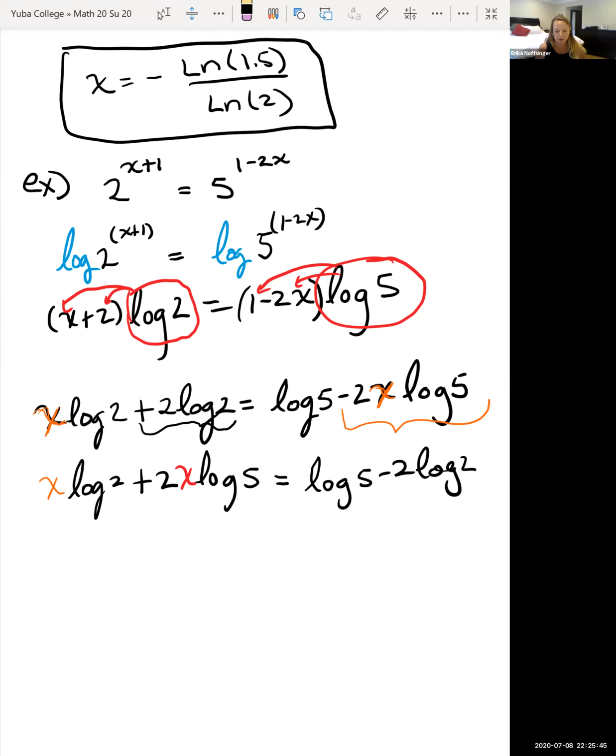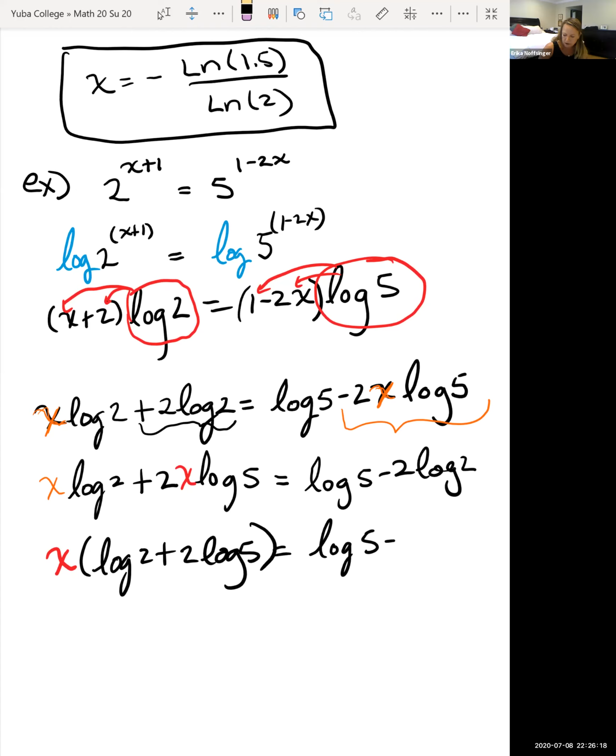There's multiple terms with x. They're not like terms. They're not the same log, same base, but not the same log. So use the trick to factor what you want out of there. So if we factor out an x from both of those terms, you're just left with, inside parentheses, log of 2 plus 2 log of 5 equals log of 5 minus 2 log of 2.